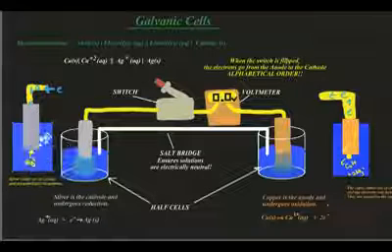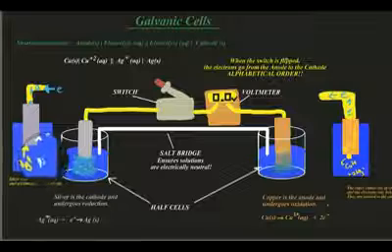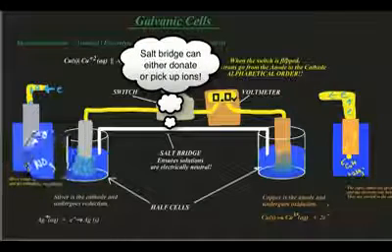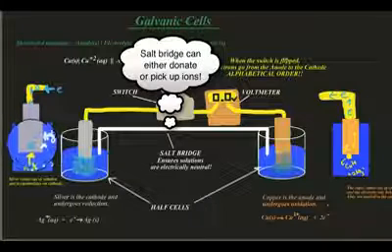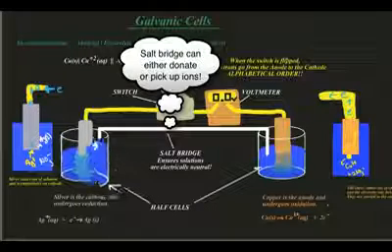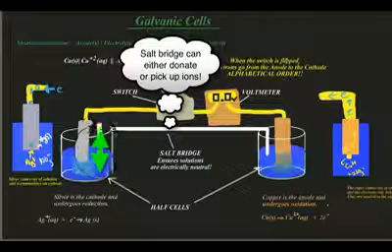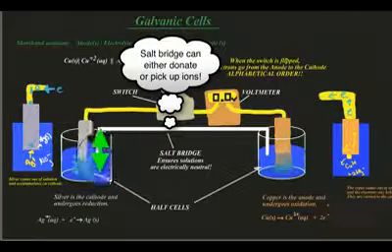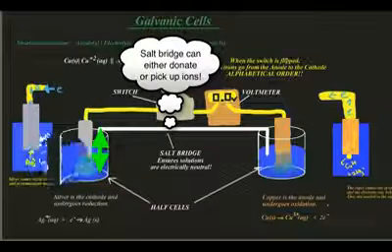So let's go ahead and write that in. So there's a nitrate left behind when that silver goes and sticks to the cathode. The salt bridge, what it can do is either pull that nitrate back in or dump in a cation to neutralize that newly formed nitrate anion.